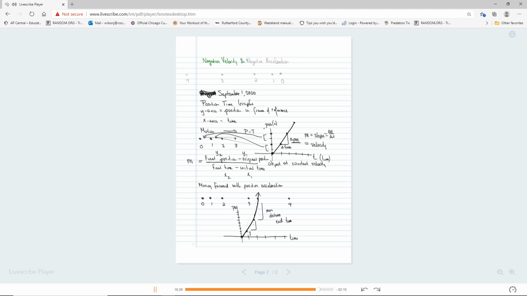Okay. Negative velocity and negative acceleration. Once again, I start on this side. And what do we do this time? So we start with negative 20 feet per second.